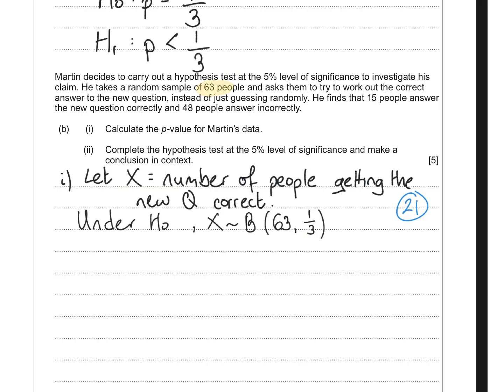So we want to find out what's the probability of something more extreme than 15 people answering the new question correctly. And if you think of your binomial distribution, that's absolutely terrible, but I've got my 21 there at the centre, my 15 is here.